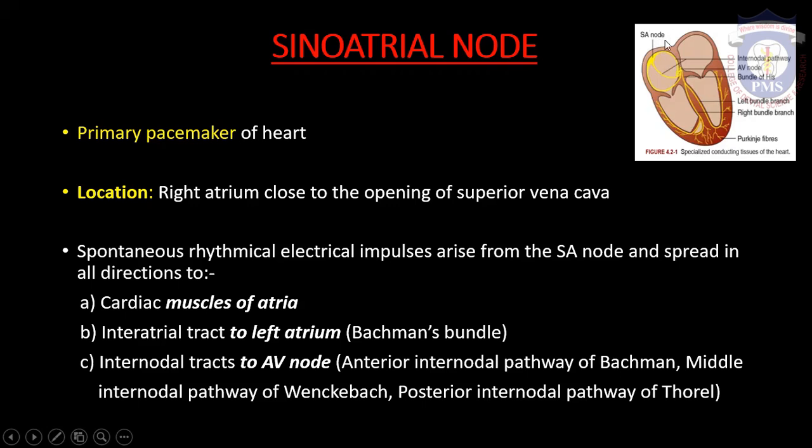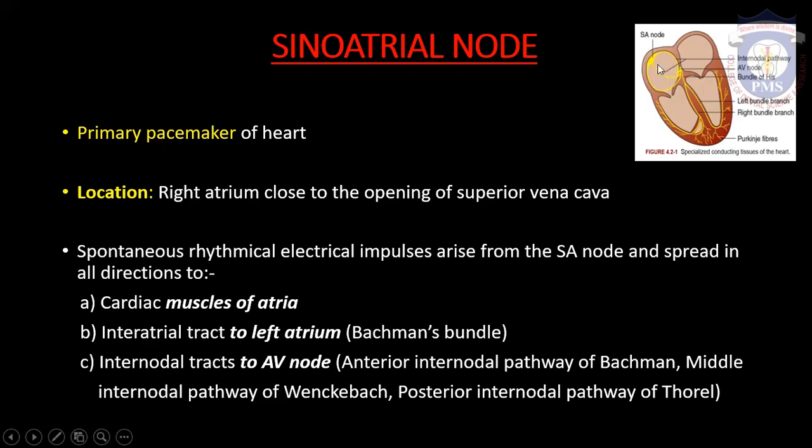So the impulse generated from the SA node reaches the right atrium, the left atrium, and it also reaches the AV node, which is located in the interatrial septum. So what happens? The impulse from the SA node reaches the AV node through three internodal pathways. Here you can see the figure.